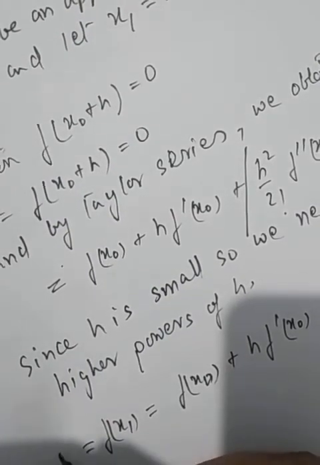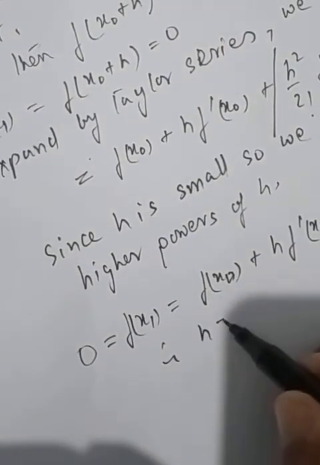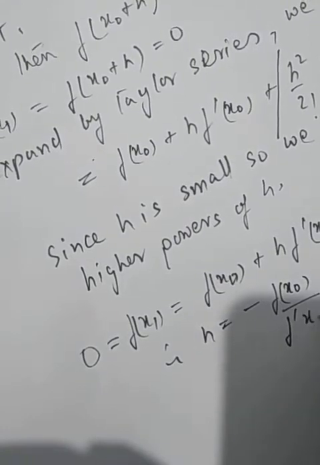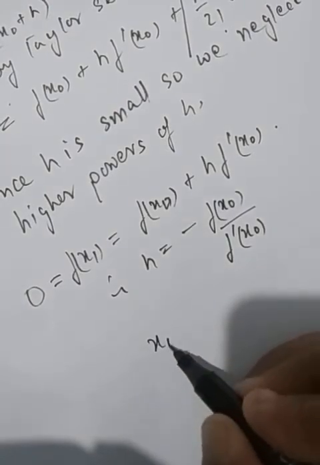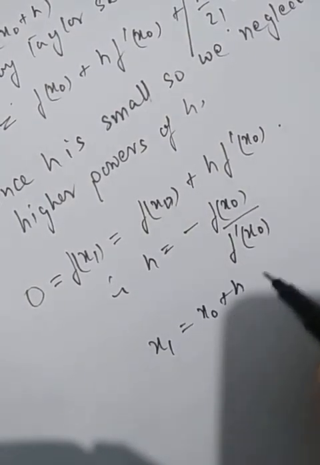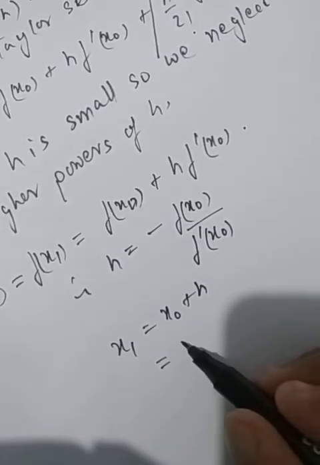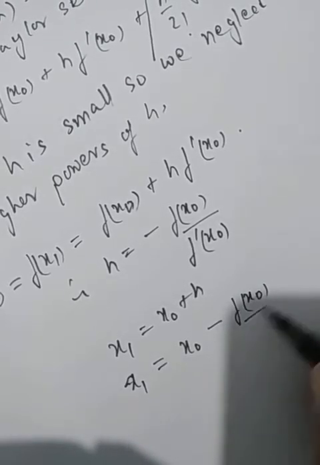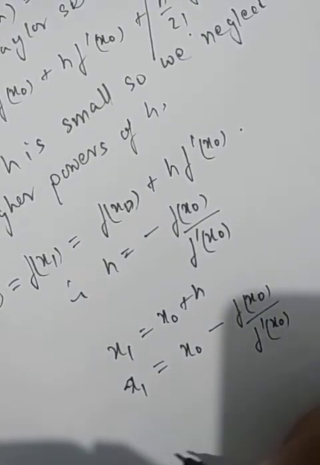But f(x1) is equal to 0, therefore h = -f(x0) upon f'(x0), right? But recall that x1 = x0 + h. So replacing this h by the above value, x1 = x0 - f(x0) by f'(x0).